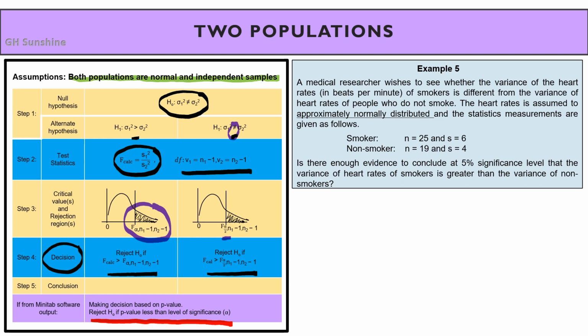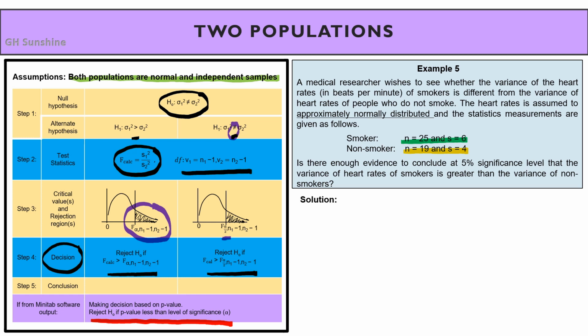So this one, sample size and sample standard deviation of smokers, and this one, sample size and sample standard deviation of non-smokers. Is there enough evidence to conclude at 5% significance level that the variance of heart rates of smokers is greater than the variance of non-smokers? So this one is based on two populations.